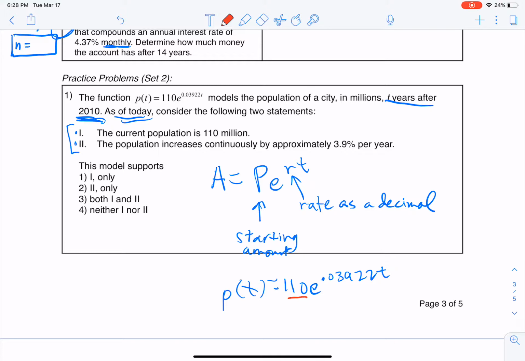Well, 110, what does that represent? That's what we start with, and that's what we start with in 2010. This number here represents our rate. So our rate is 0.03922, and that is as a decimal. Okay, so that's enough information for you to answer that question. And I'll stop this video here.